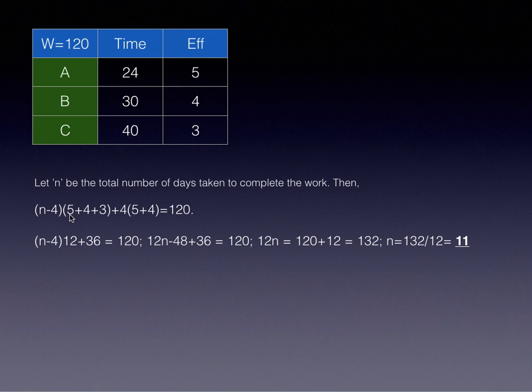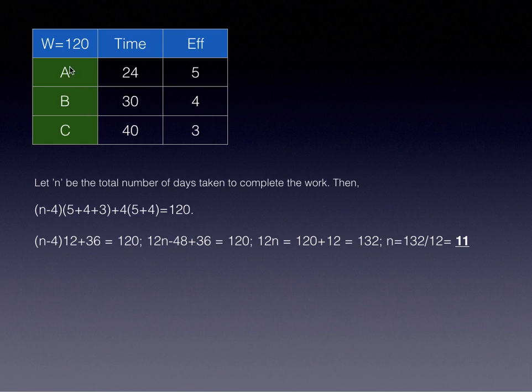Now, if the total number of days taken to complete the work is n, then in n minus 4 days, all the 3 persons worked. Therefore, the work done in n minus 4 days will be 5 plus 4 plus 3, that is the total efficiency into n minus 4.